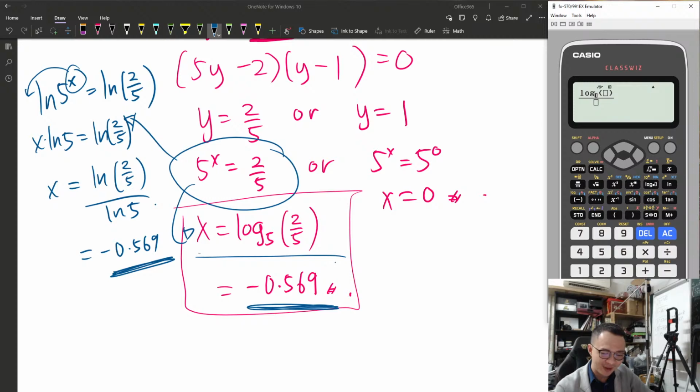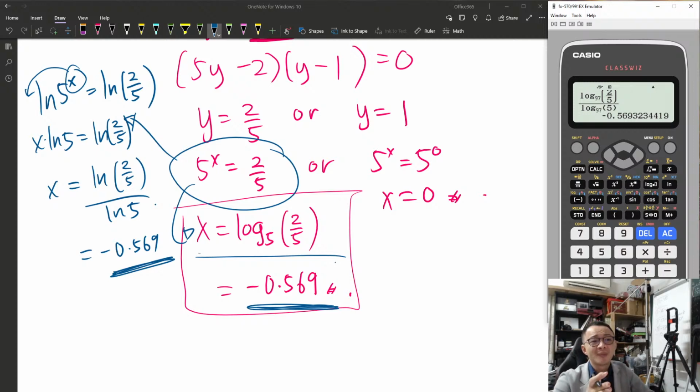If I change to log 10, 2 over 5 on the top and log 10 of 5 at the bottom, you realize I'm still getting back the same answer. Even if I change to any super weird base, say base 97, and at the top I also change the base to 97, I'm still getting back the same answer.